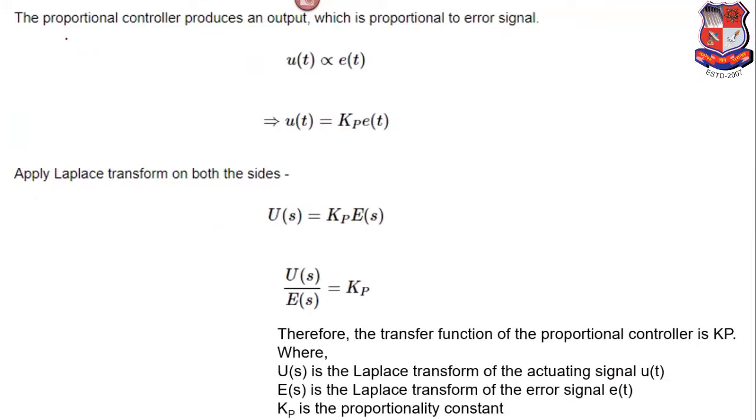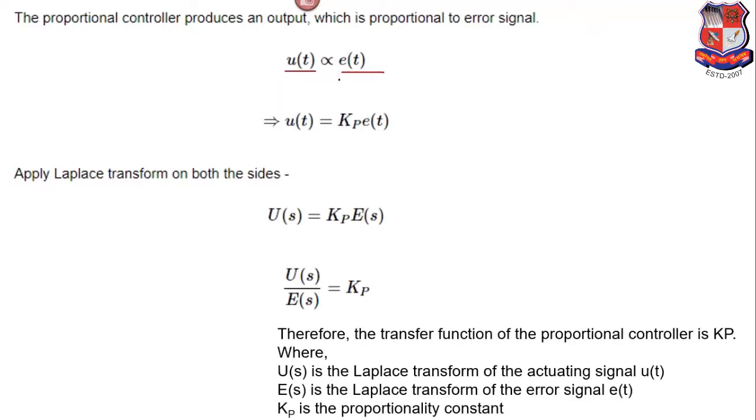The proportional controller produces an output which is proportional to the error signal. So this is my actuating signal and this is my error signal. Ultimately, as per the definition, your actuating signal is proportional to the error signal.